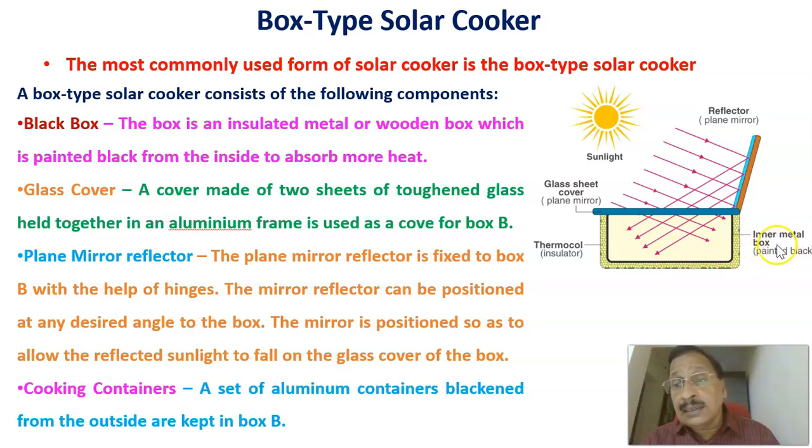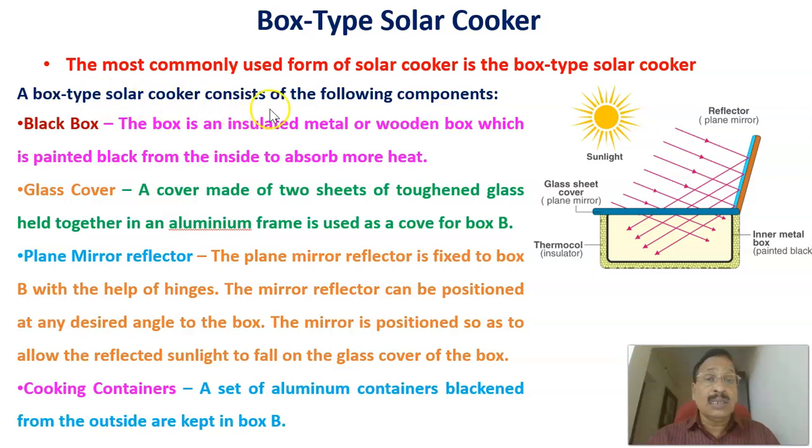The inner metal box is painted black, and here the thermal insulation is provided. These are the different parts of a box type solar cooker, and the most commonly used form of solar cooker is the box type solar cooker.